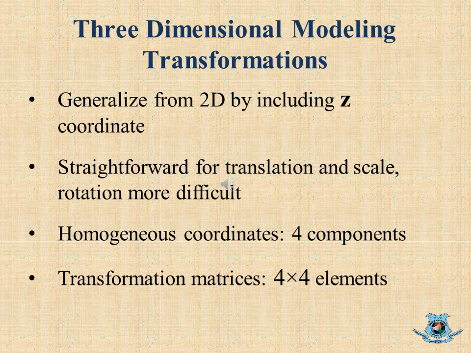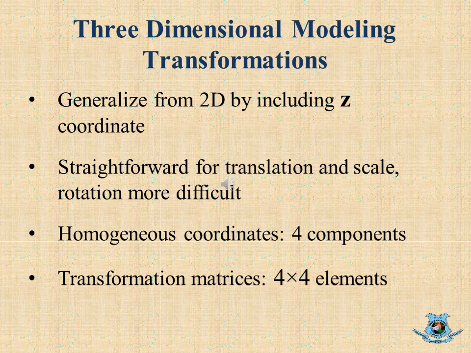The three-dimensional modeling transformation generalizes from 2D by including the z coordinate. In 2D, two coordinates are included, x and y, and in 3D, it generalizes to three, including the z coordinate also.